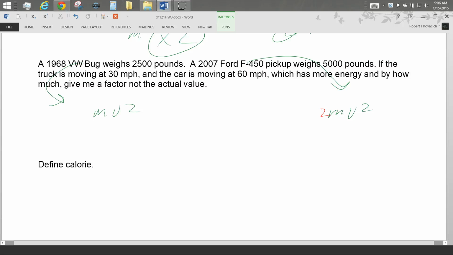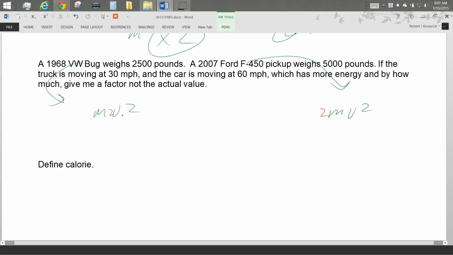So tell me about the velocity of the Bug. It's about twice as fast. The truck's half of it, but the VW Bug is twice as fast, right? So this velocity number compared to the other velocity number is twice as big. I can't just cancel stuff out with this one because that 2 in front of the velocity for the VW Bug has an exponent controlling it. Are we okay with that?